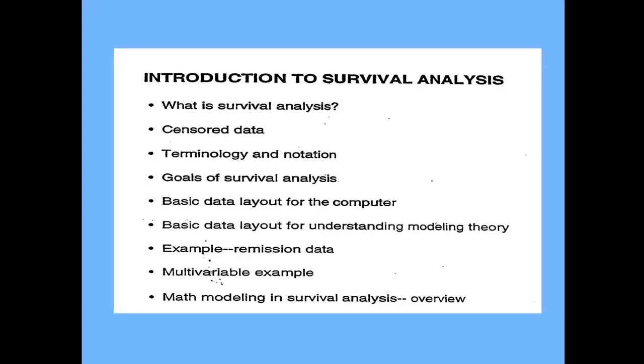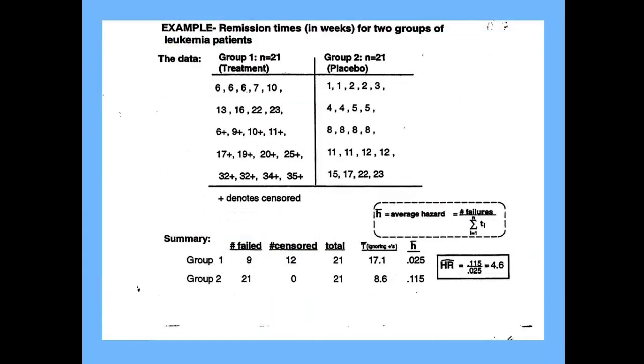We talked about what survival analysis is, and we did it through an example, trying to compare two groups in terms of their survival times. In this case, it was times while they were in remission.